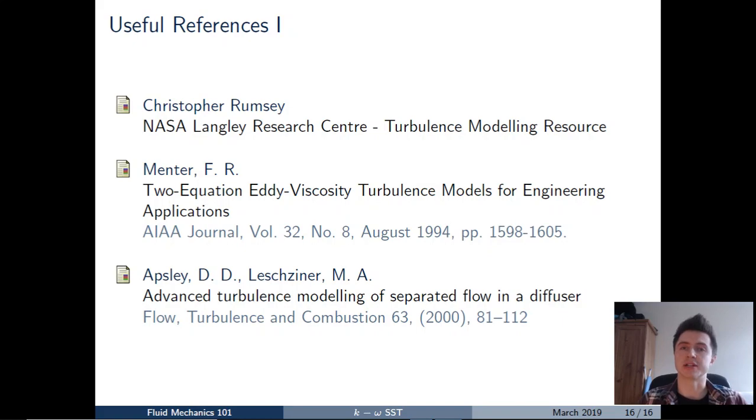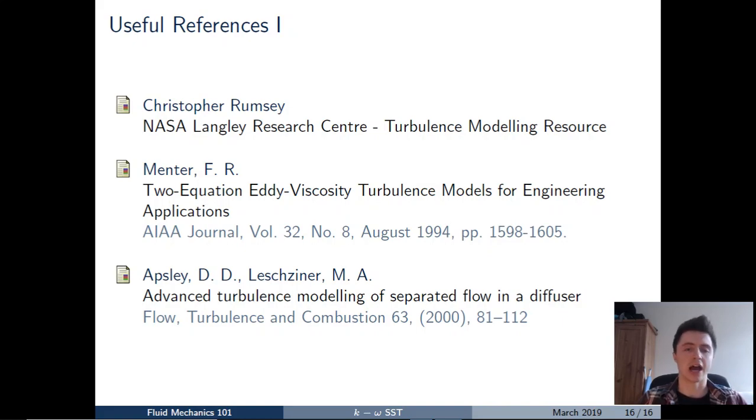And another interesting paper as well by David Apsley and colleagues gives a very thorough comparison of the K-omega SST model, the K-omega, K-epsilon models, and other turbulence models for flow in an inclined diffuser. So this is a flow where we get a slight expansion, and then due to the adverse pressure gradient we're going to be getting separation off the wall of that diffuser.